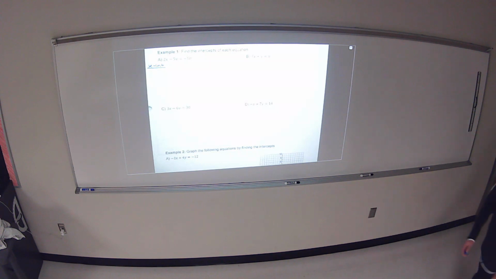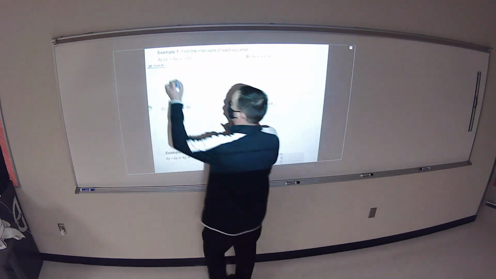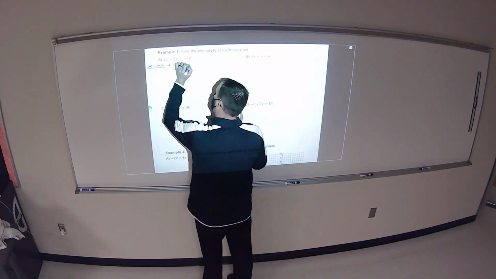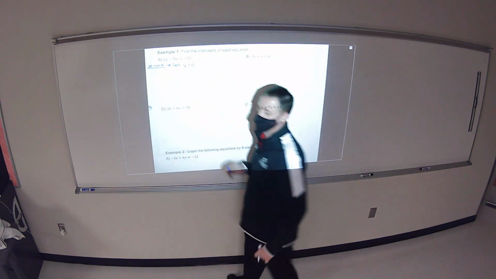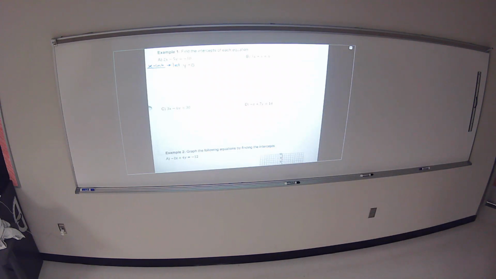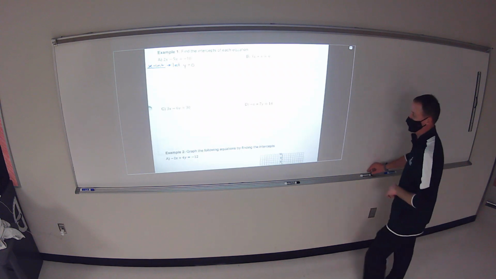So when we're finding the x-intercept, I'm not going to write this every time. What you're going to do is you are going to let y equal 0. Because by making y 0, you're forcing that to be on the x-axis, which is what you're looking for. You're looking for where that line crosses the x-axis at.